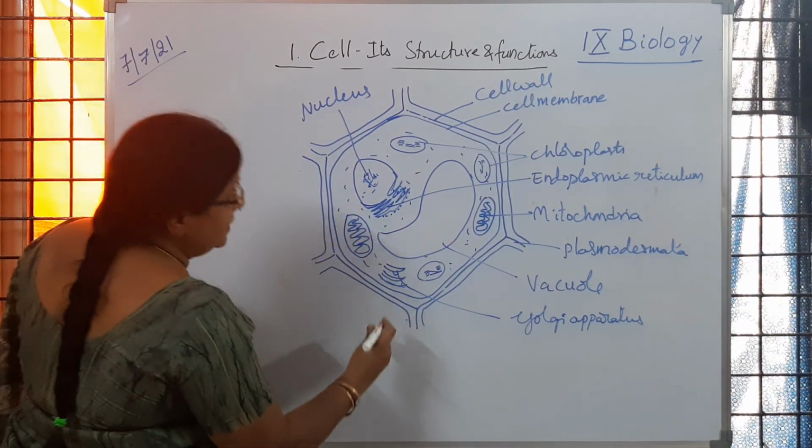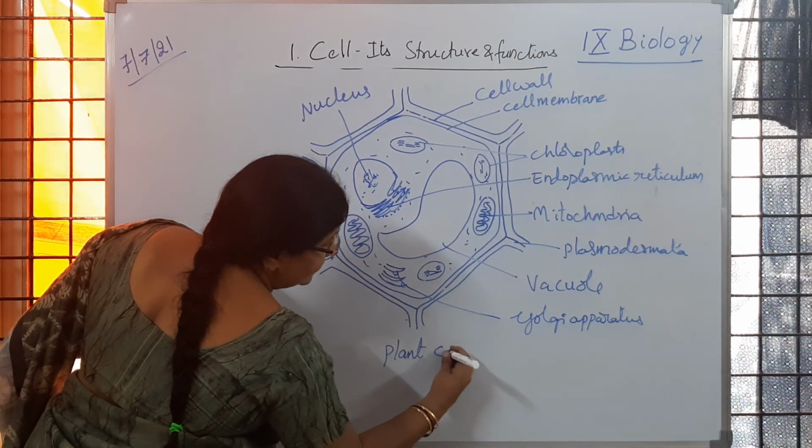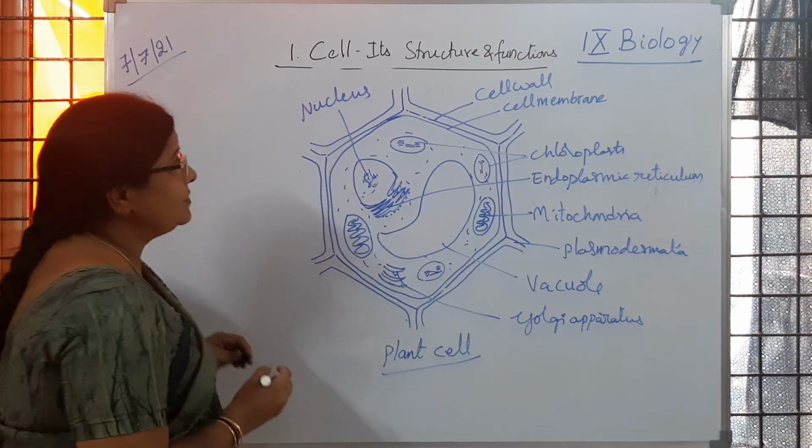So this is the diagram of a plant cell. Is it clear to children?